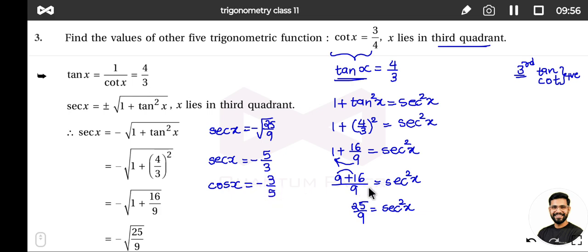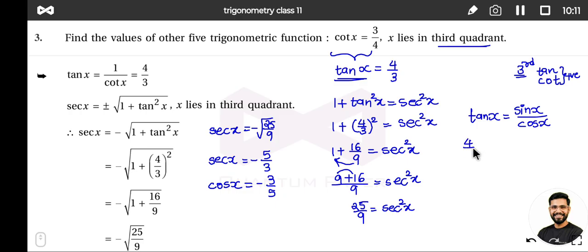Now which ratios are remaining? Sin and cosec. So we'll apply the formula: tan x is nothing but sin x upon cos x. So the tan x value, 4 upon 3, is equal to sin x, which we have to find out, divided by cos x.